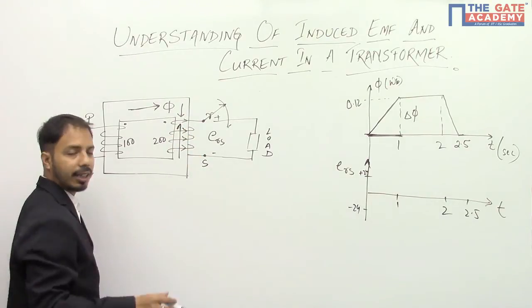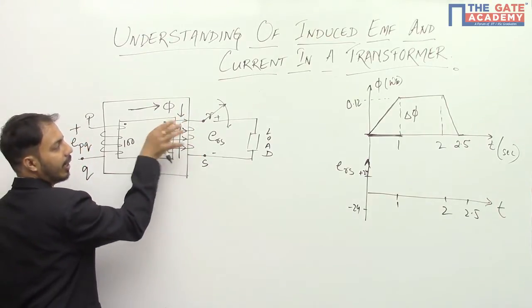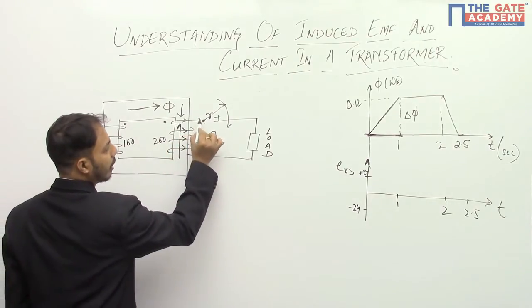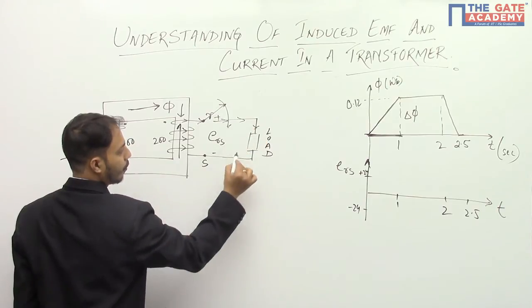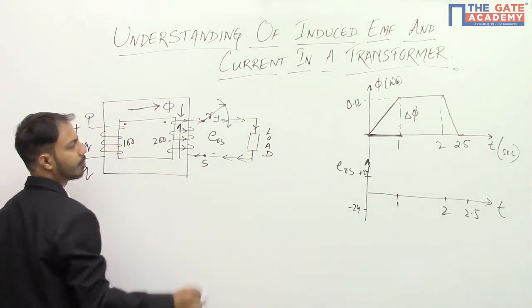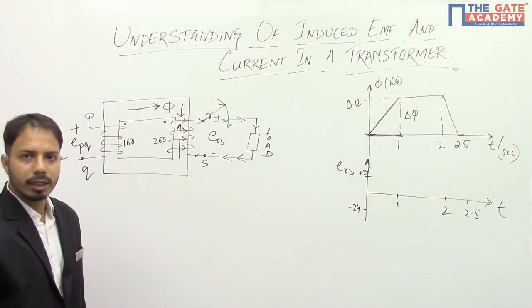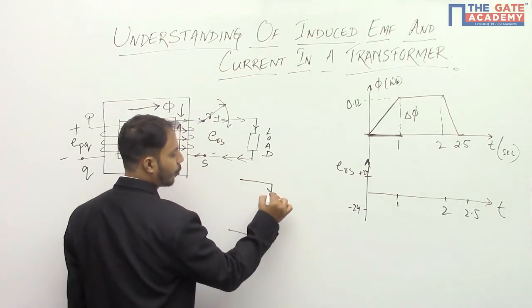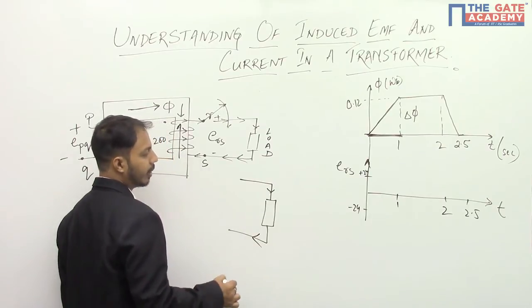We can apply the right-hand rule and see that the current is flowing in this direction. Now you see, in this particular load, current is flowing from this direction to this direction.